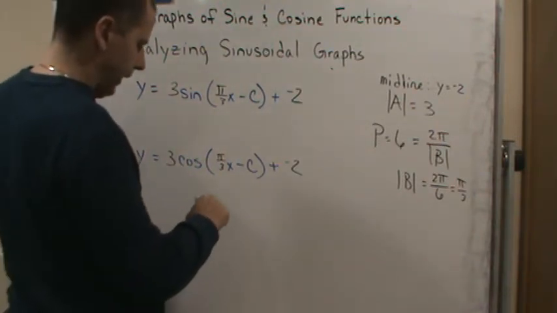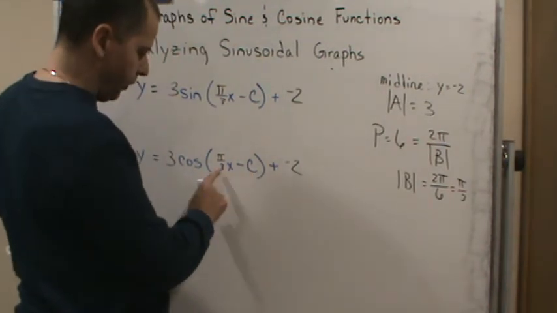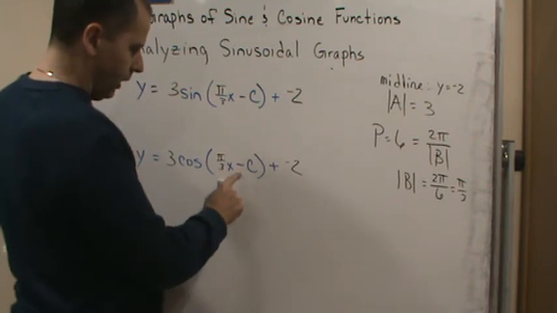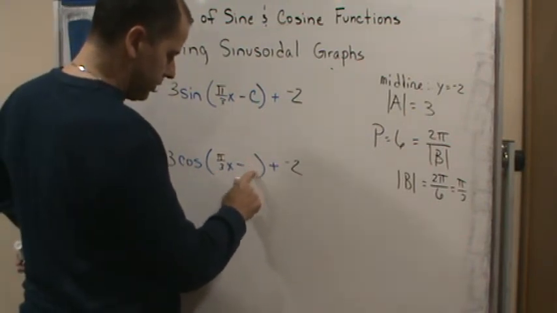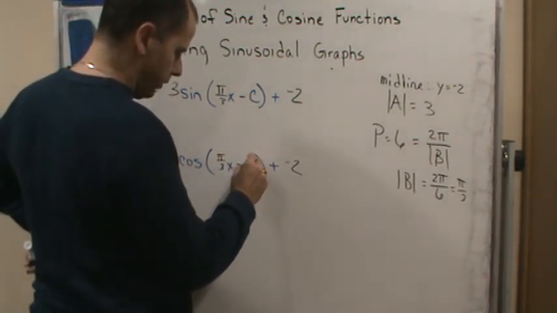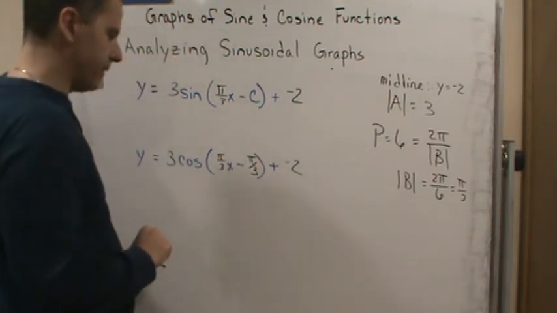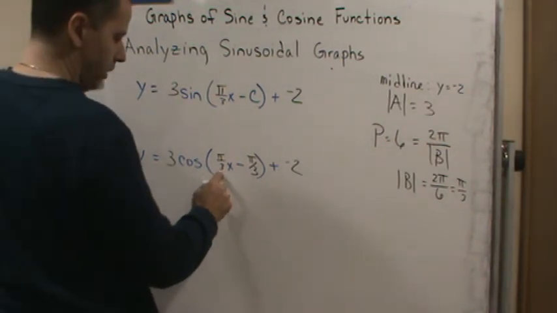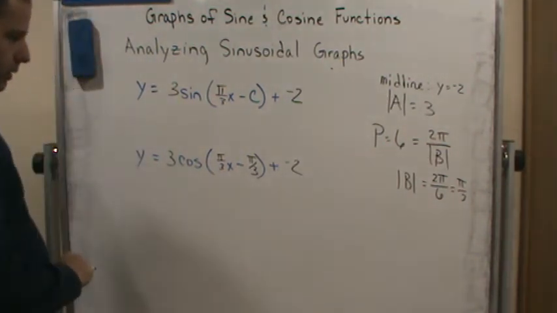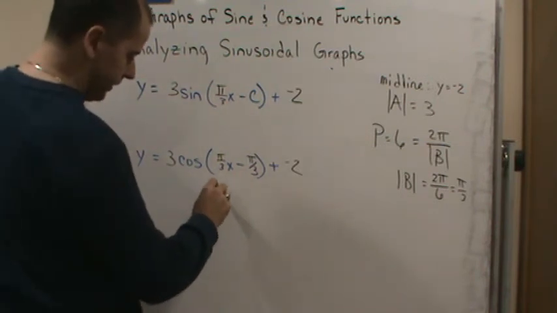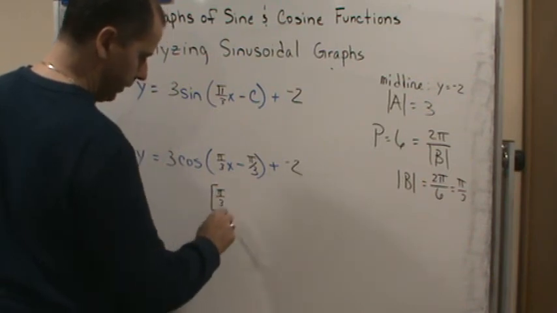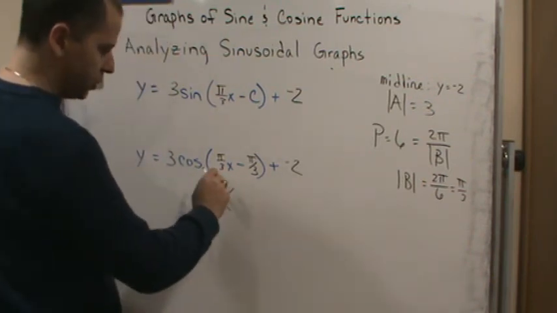Here's the thing: it's one shift, but we've got the stretch going on here, so this is going to have to be pi over 3. Remember, if you write this as pi over 3, then you've got to have the shift in here.